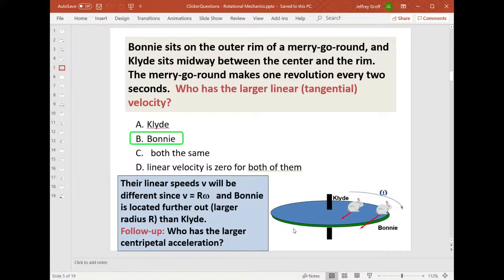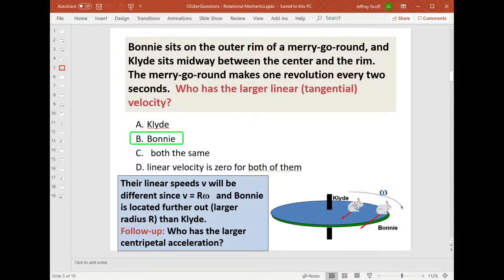If the radius of this merry-go-round is 2 meters, then Bonnie is going to go around the circumference, which would be 2 times pi times the radius, 4 pi meters every 2 seconds.